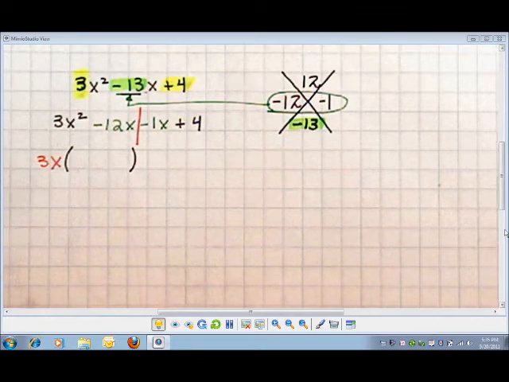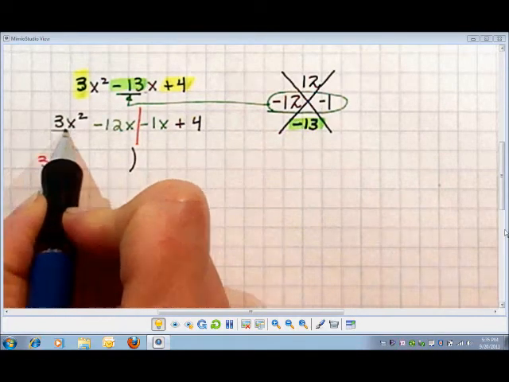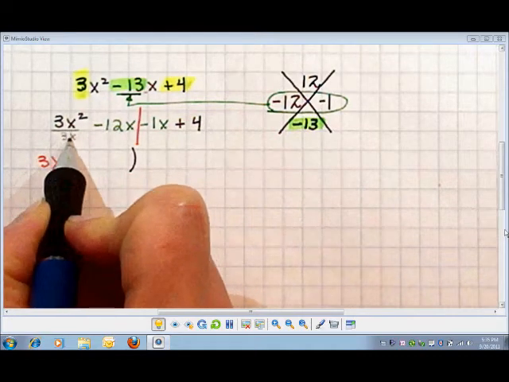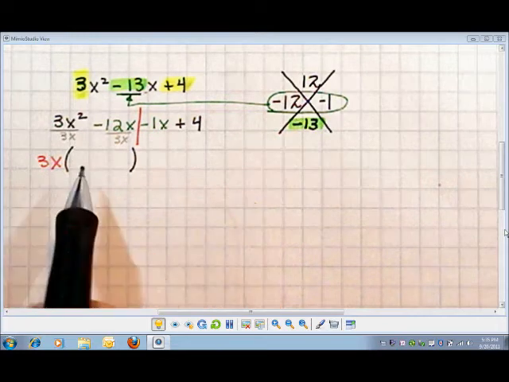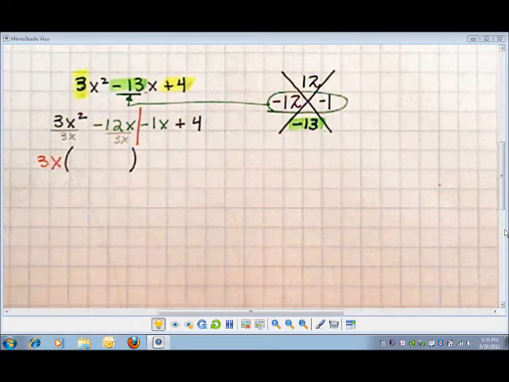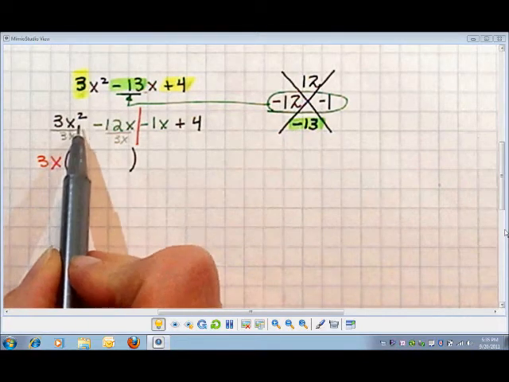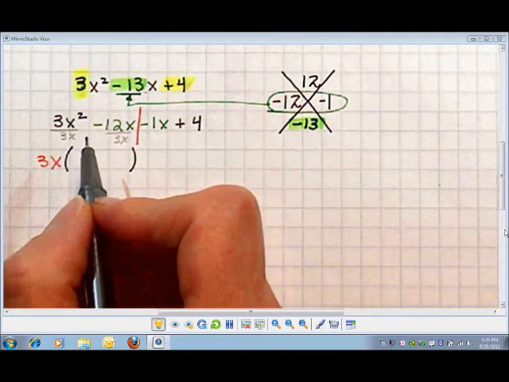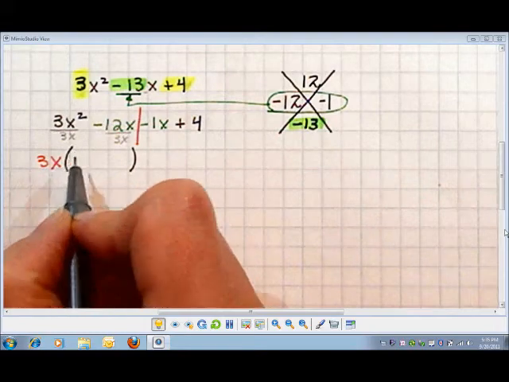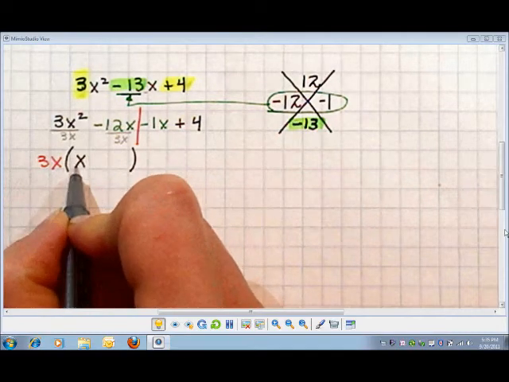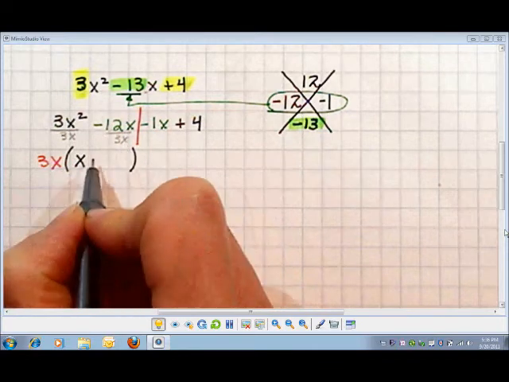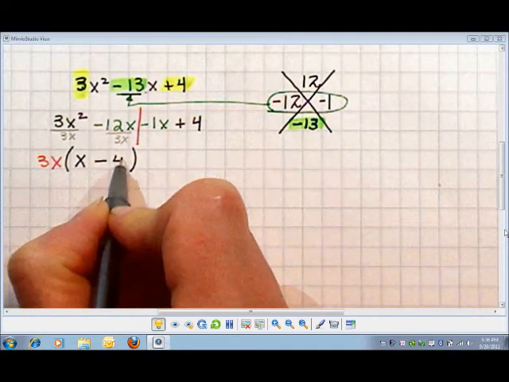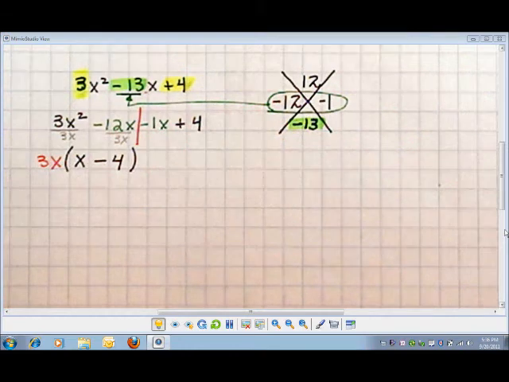Sometimes it's helpful to write in, I'm dividing by 3x, to figure out what goes on the inside. So 3x squared divided by 3x just simply gives me x. Negative 12x divided by 3x gives me negative 4. So that's the first group.